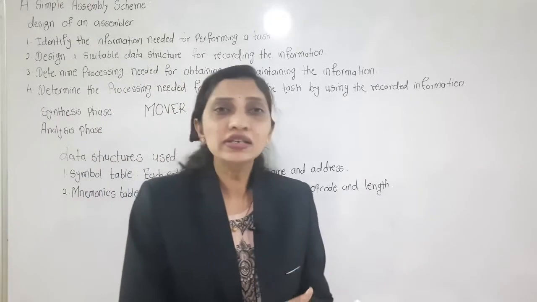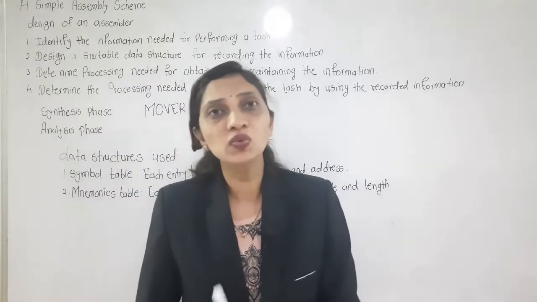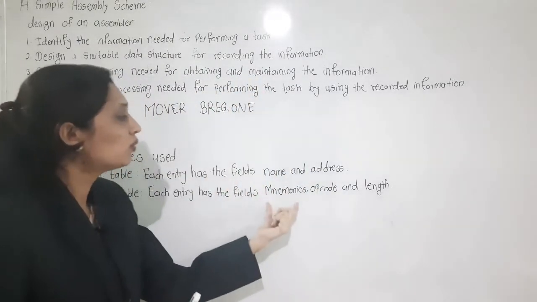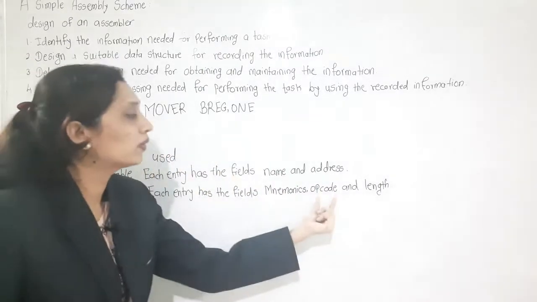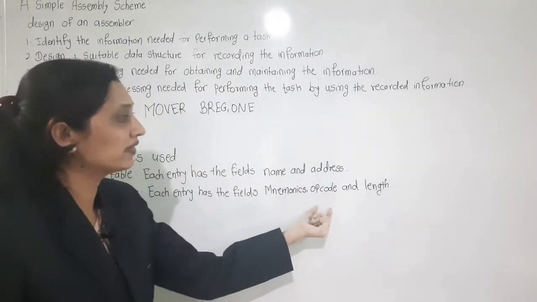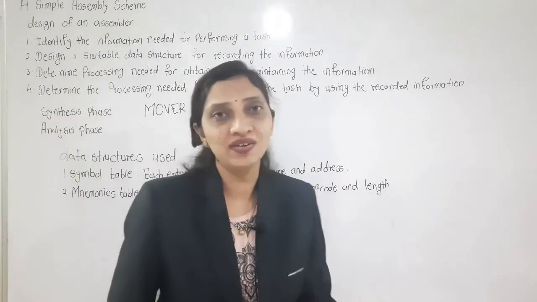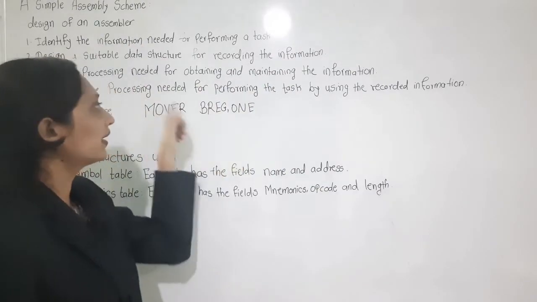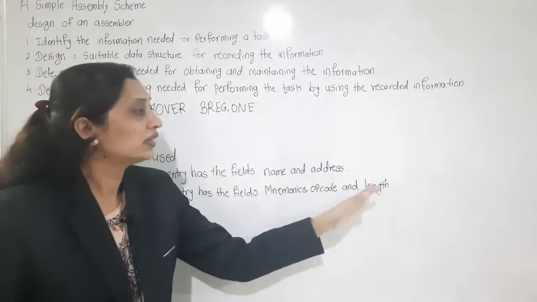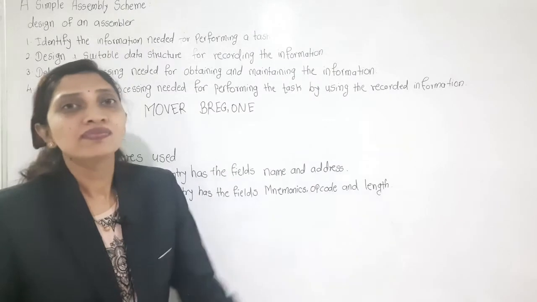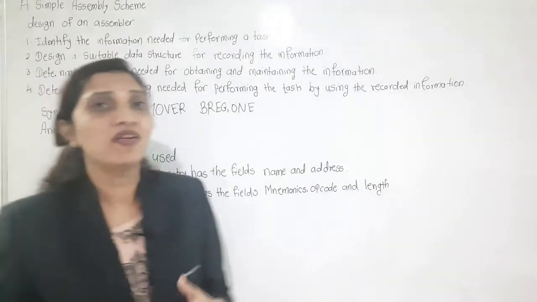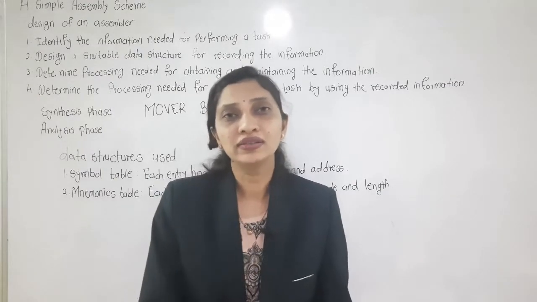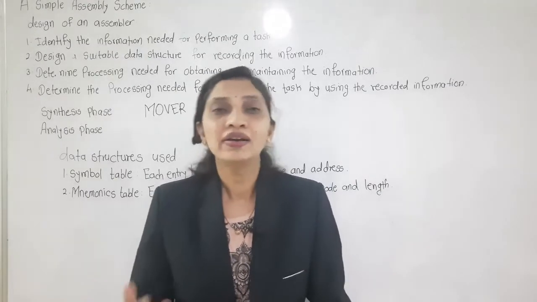Suppose 07 is used for the mnemonic MOVER, then the entry is made like this: mnemonic is MOVER, then the corresponding opcode is 07, and then how much length is required to store that statement. Means how much storage memory this statement requires, so that length is specified here. Each assembly statement requires a particular length to store it, means some 1 byte, 2 byte, etc.